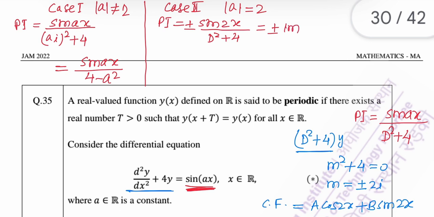Here Im means imaginary part, e to the power 2ix by D squared plus 4, and that can be further written as plus minus imaginary part, e to the power 2ix, and the denominator can be rewritten as D minus 2i times D plus 2i.